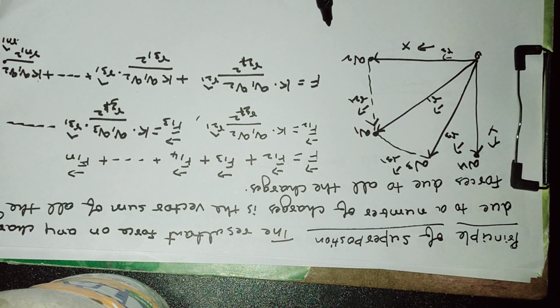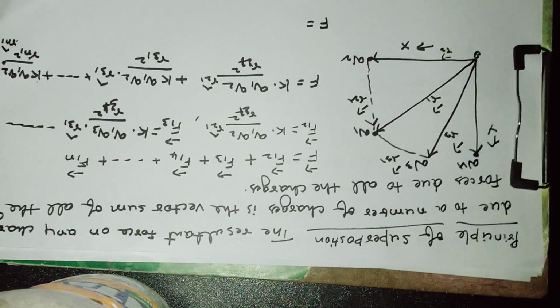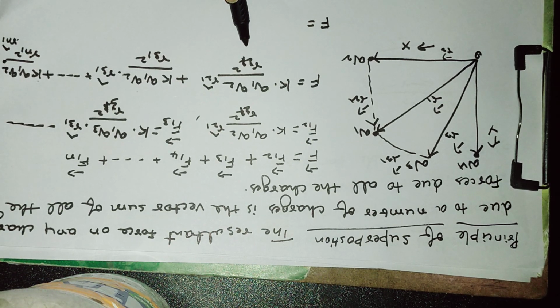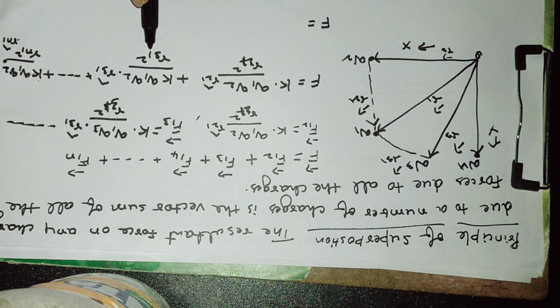So I can generalize it as F is equal to, see, q1 is common in all the terms, right? And also you may observe in the denominator it is 1 that is common in the second subscript.